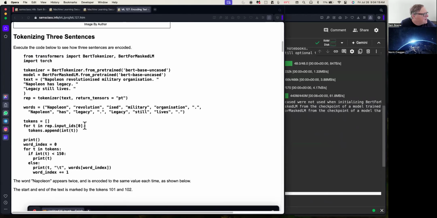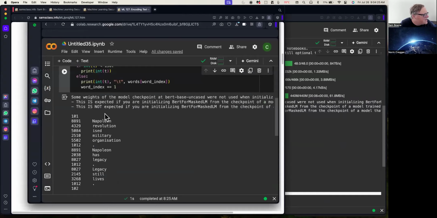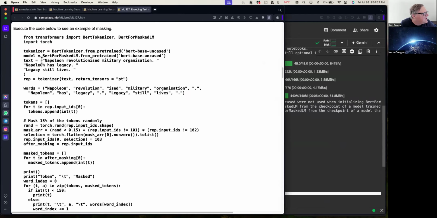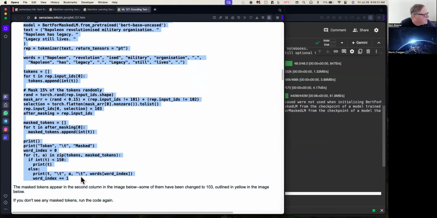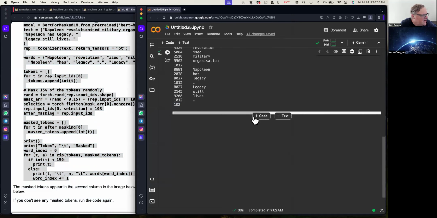All right, so now we're going to tokenize 3 sentences, which I think we've already done. That tokenizes it. And now here's how masking works. Let me copy this one. All right, put it down here.